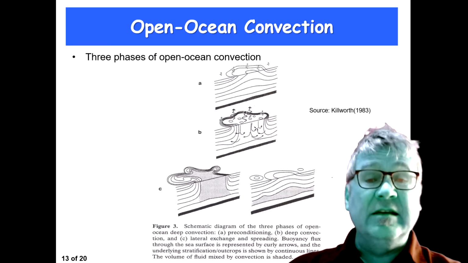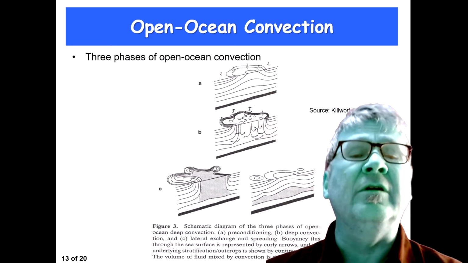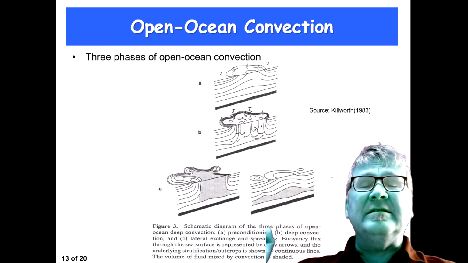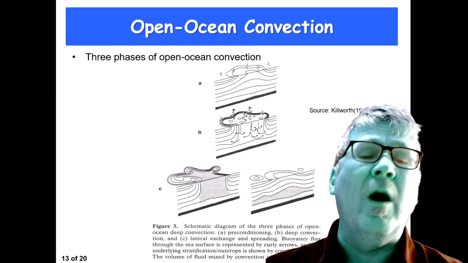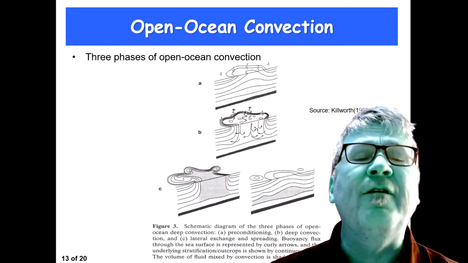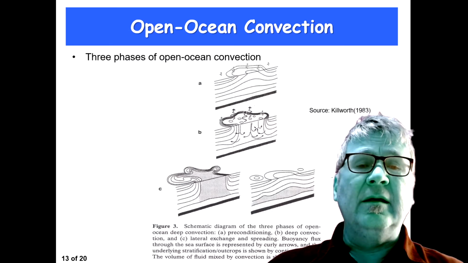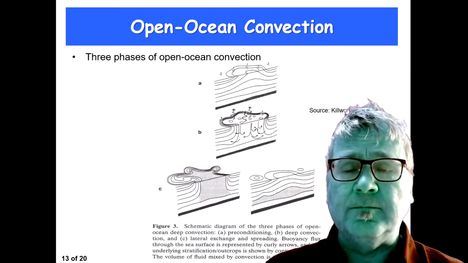So the mechanism of open ocean convection: why does it happen only in these areas is the key starting point, the key reason why it happens in these areas. It's a combination of two factors. One, you have an already weakly stratified ocean.